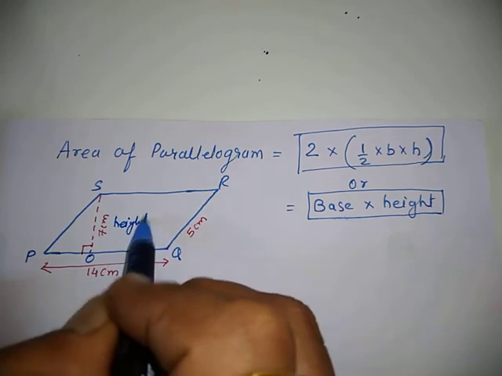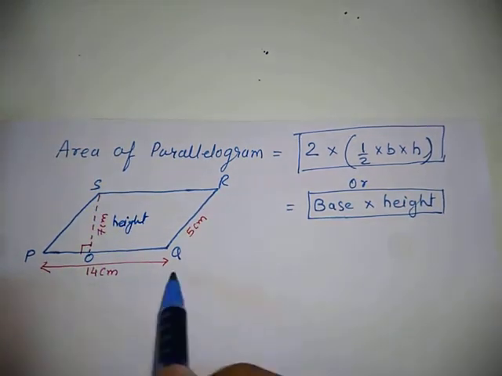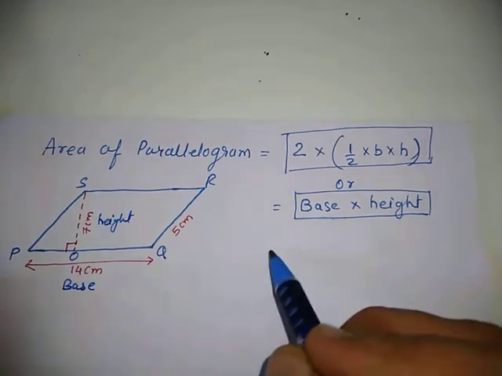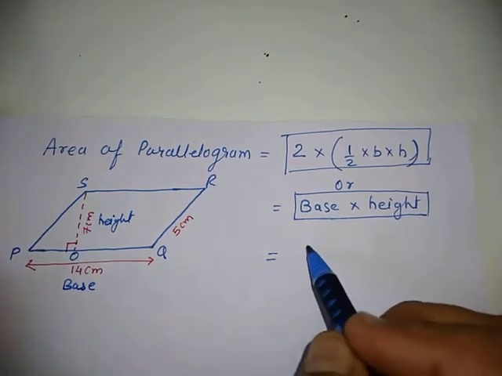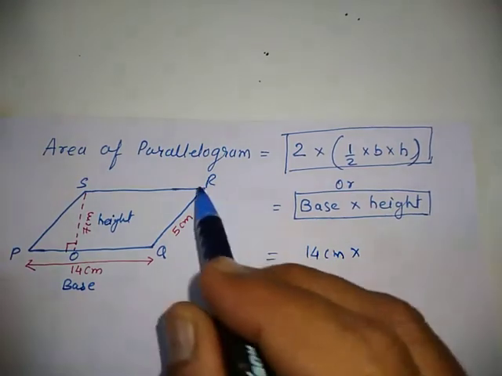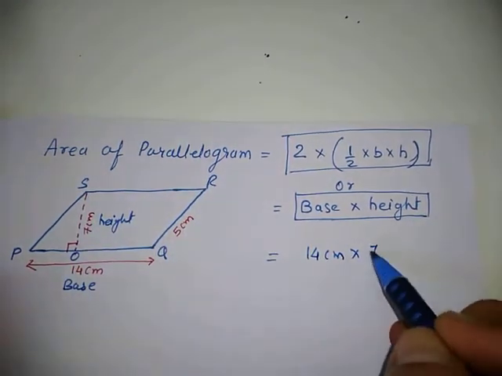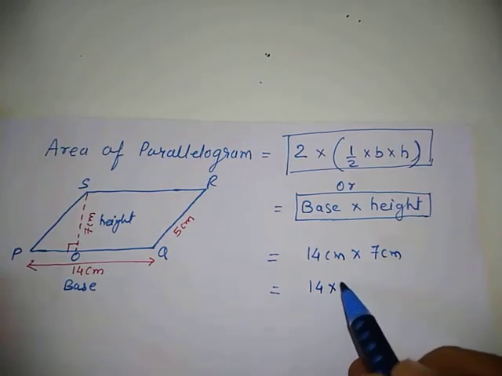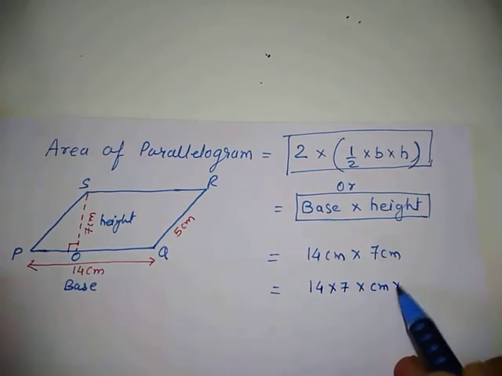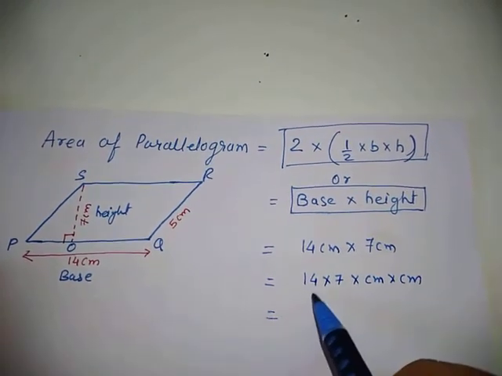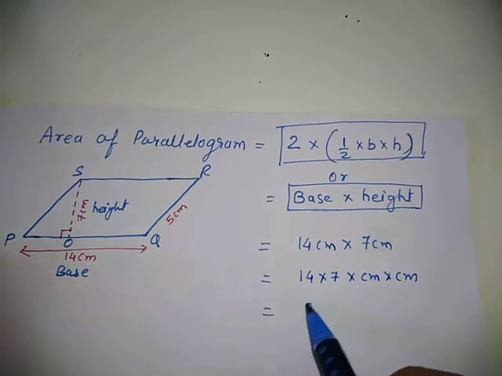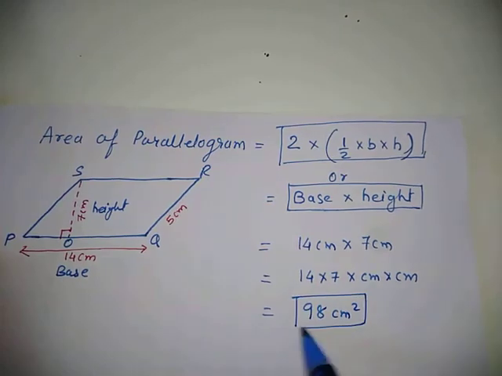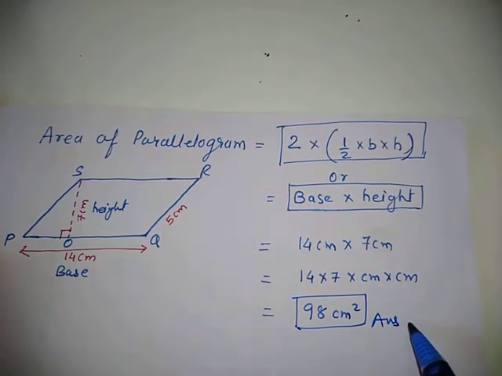The height is given as 7 centimeter and the base is given as 14 centimeter. So base multiplied by height, 14 centimeter multiplied by 7 centimeter. You know it very well, 14 sevens are 98 centimeter square.